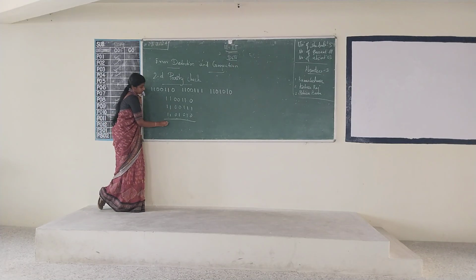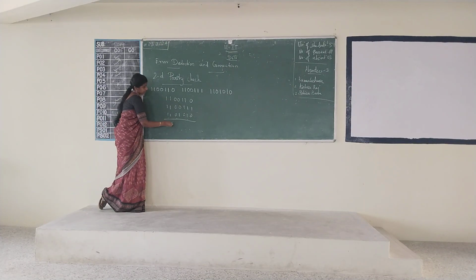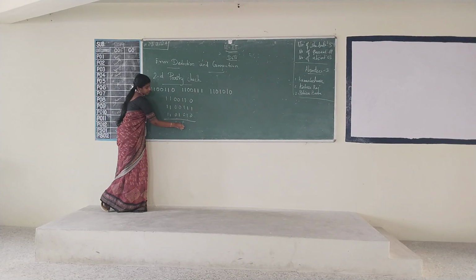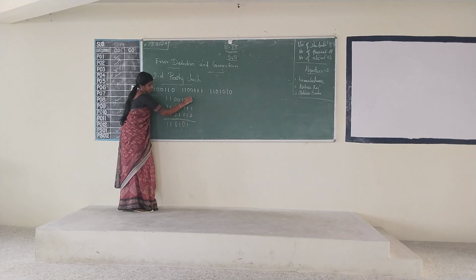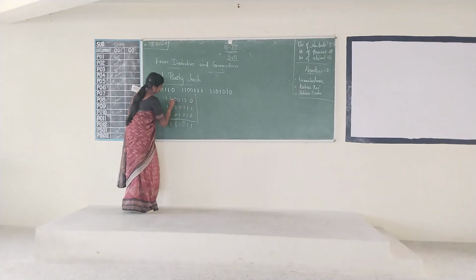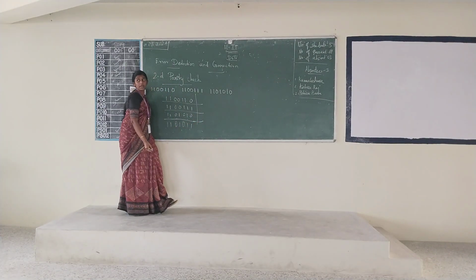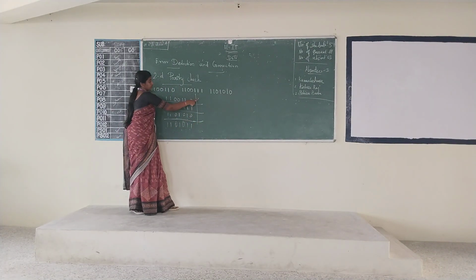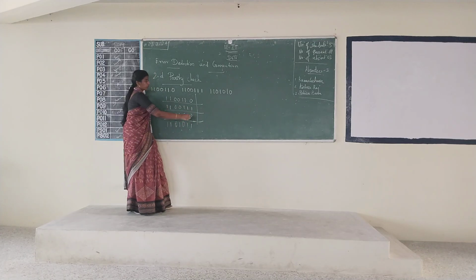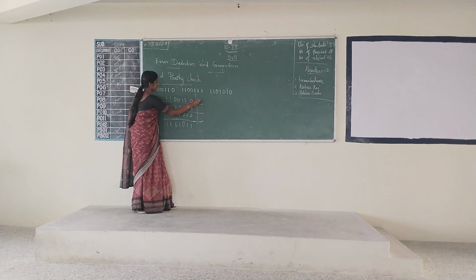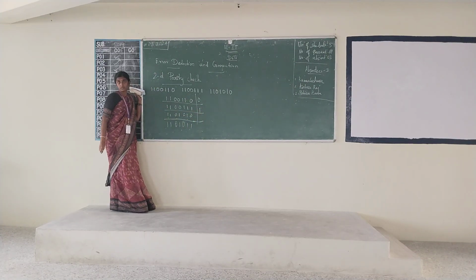First one will have, second one, third, fourth, fifth. Now you have to calculate the parity bit for your rows also. Here what will I have? Here 0.